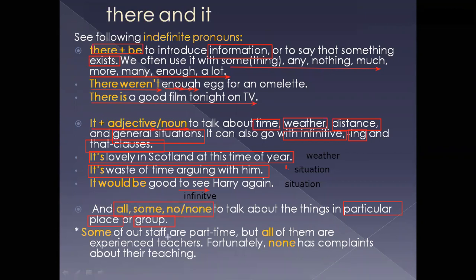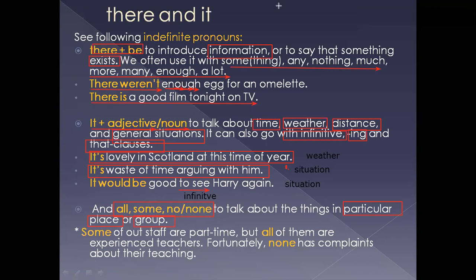Some of our staff are part-time, but all of them are experienced teachers. Fortunately, what is the word behind that one? Nimit, what is this word? Fortunately. Can you complete it, because my screen has some spots and I cannot read the words behind it. None has complaints about their teaching.